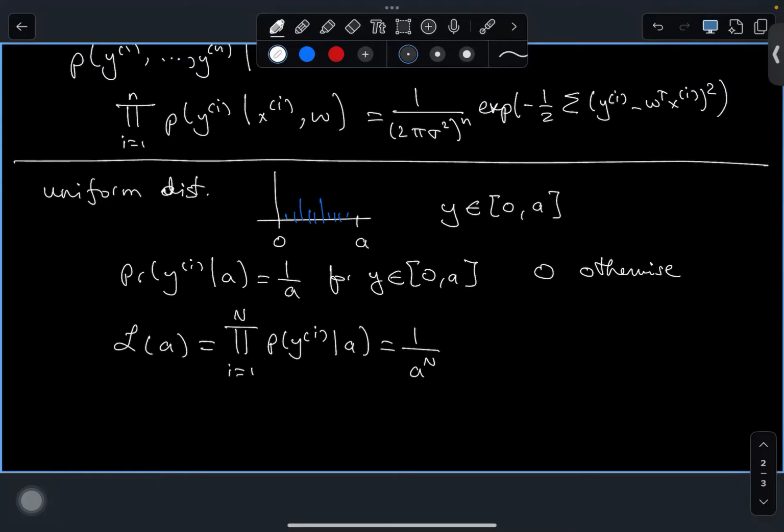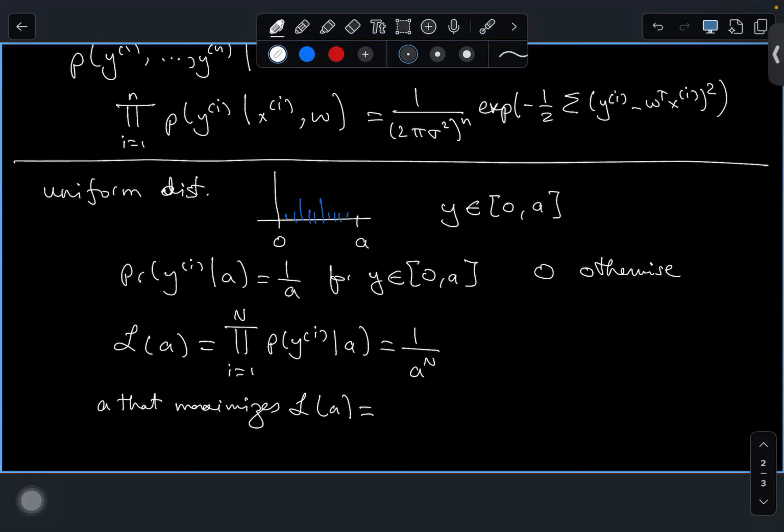That's when I multiply it all together. So I want to find the A that maximizes the likelihood of A.